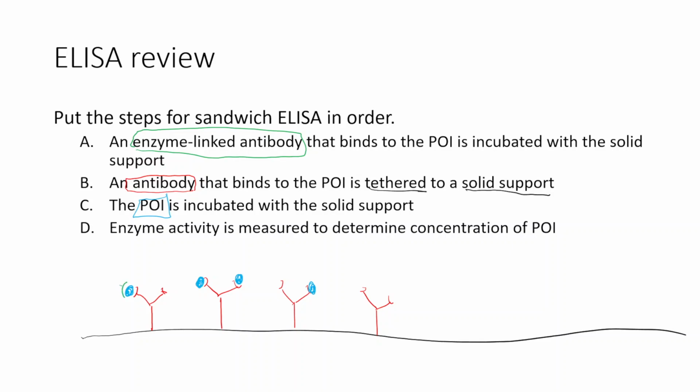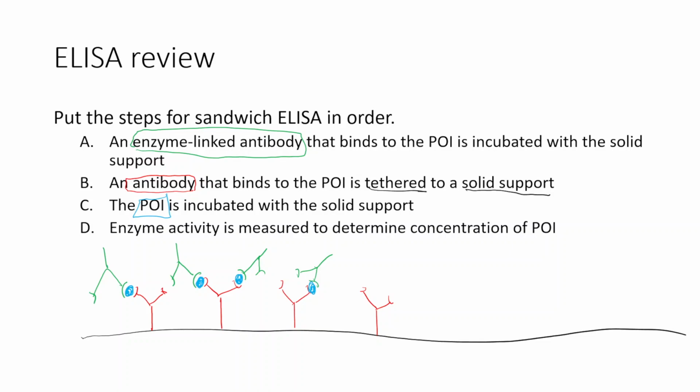So now we'll have our other antibody. It likes our protein of interest, so it's going to stick to it. And here we also want to make sure we have an excess of this antibody compared to our protein of interest.